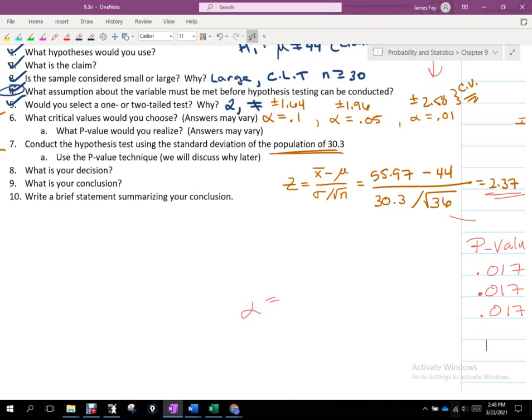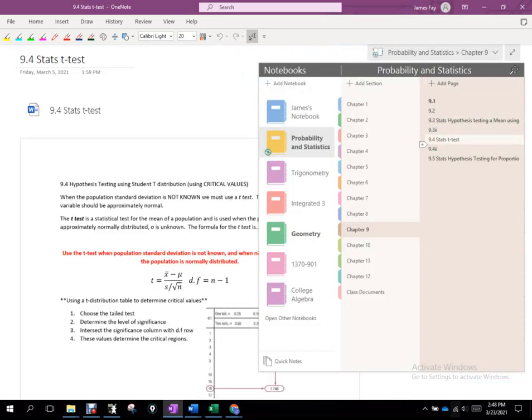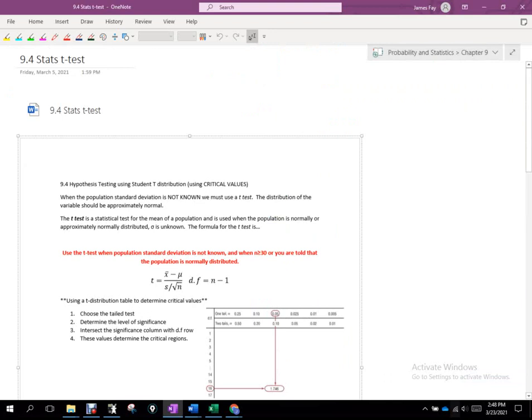What I'd like to do tomorrow, hopefully my voice is back, is start talking about the t-test, which is actually more applicable, okay? Because generally we don't know the population standard deviation. We don't know sigma, okay? The t-test takes that into account. In addition, we usually don't have very large samples, okay?